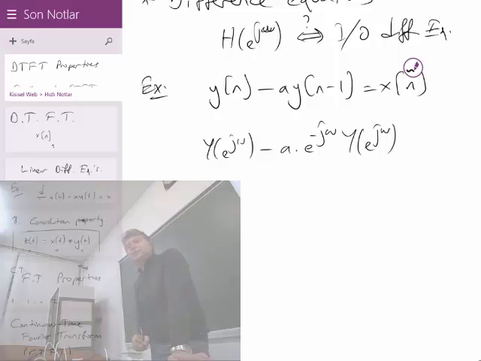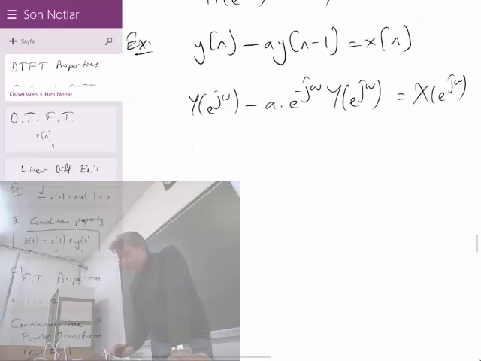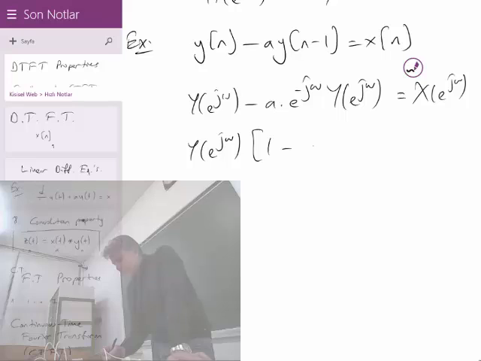This is the Fourier transform of the left side, which is equal to X of e to the j omega. Now let's put the terms with Y and X in parentheses. On the left-hand side we have Y of e to the j omega times parentheses 1 minus a e to the minus j omega, which is equal to X of e to the j omega.